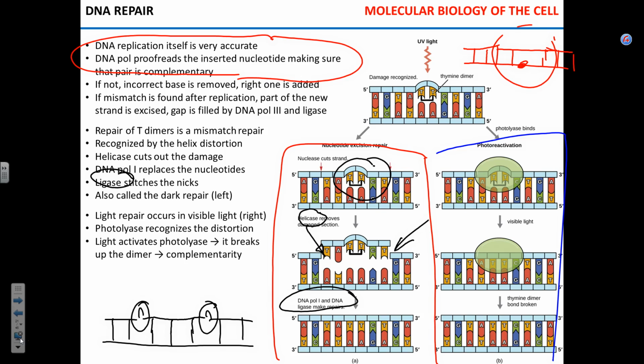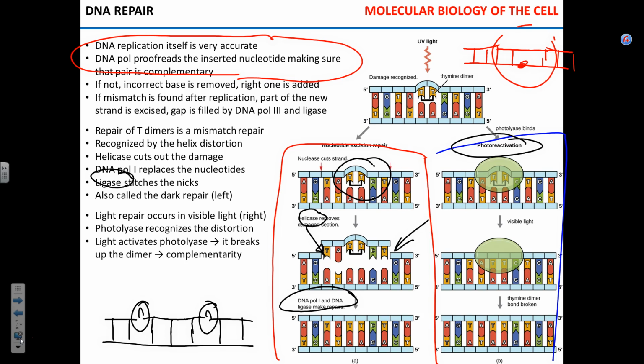Another way, you can imagine, if this was in the dark, then another one should be in the light. This is called photoactivation. Obviously, quite frequently we get those mutations, the thymine dimers, when we are exposed to the sunlight, and UV light is an invisible component of this.